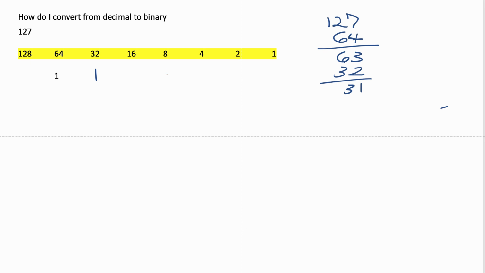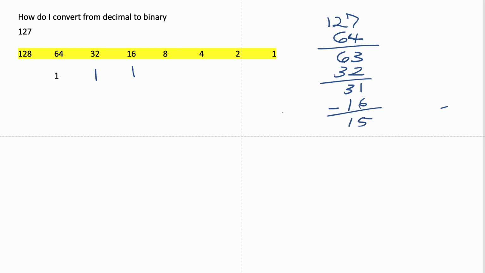What's the one that's less than or equal to 31? Well, that's 16. 32 is greater than it. We subtract those two numbers, and we get 15.